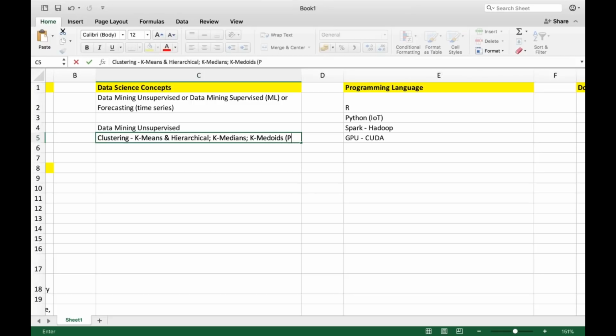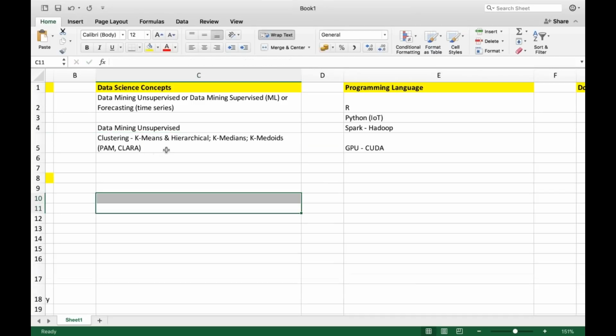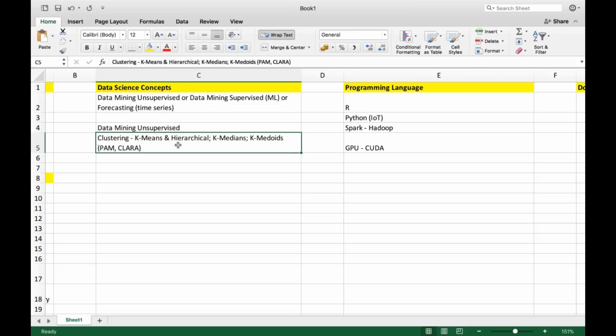In this, you have something called partitioning around medoids for small data sets. You have CLARA, clustering large applications, for large data sets. We have conducted a few webinars on these.